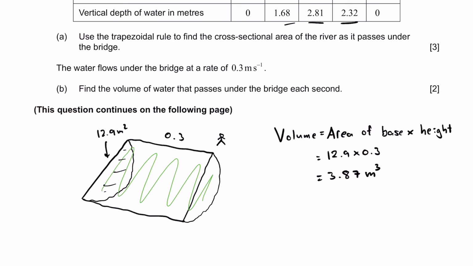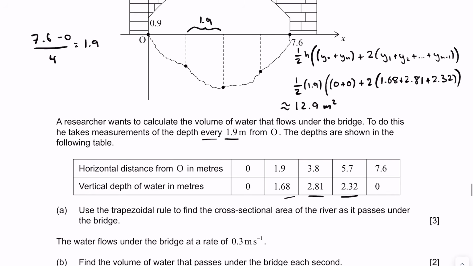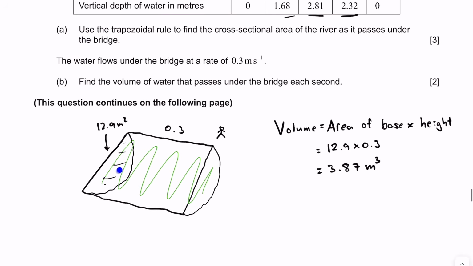All right. Abstract question, I think it's kind of cool. I'm still trying to think if there are other ways that we could represent this, another way to possibly conceptualize what's going on. But the best way that I can think of it, at least right now, is here's our cross-sectional area, and if we imagine that there's some extension to it, that every single second 0.3 meters of river flows by, then what is the total volume of water?